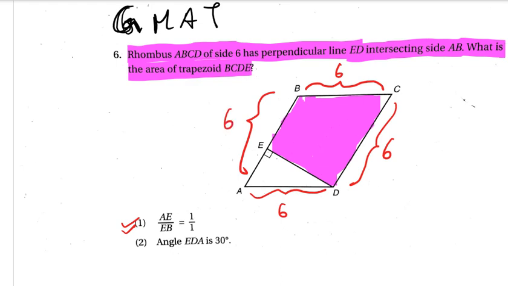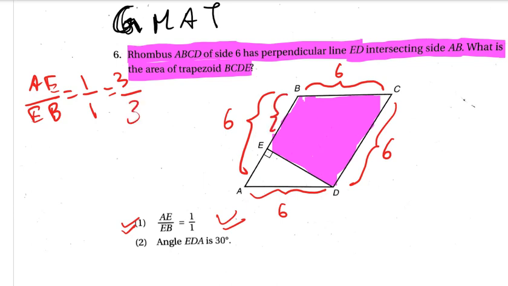So if you think about the first condition, AE by EB is equals to 1/1, which implies it is 3/3, right? This part is also 3 and this part is also 3. Alright, so this is the first part we've got.